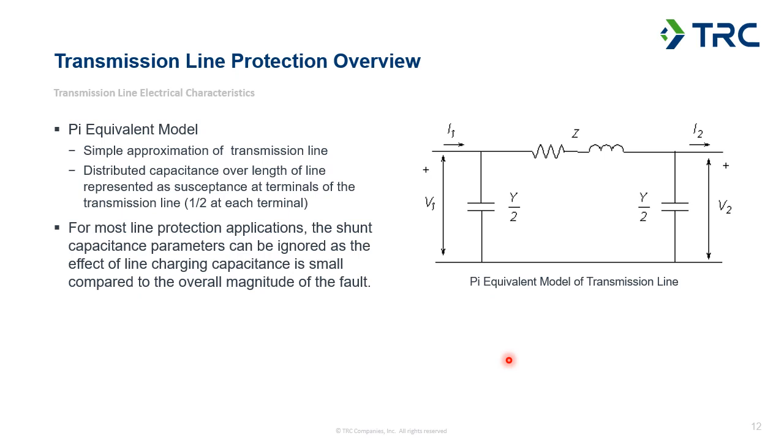And you can do hand calculations to come up with an equivalent electrical model of that transmission line. The output would typically be impedance per unit length, so impedance per mile or per 1,000 feet or something like that, that you can then use to generate an electrical model of the transmission line. We've got a lot of software available that makes it so you don't have to do that by hand.